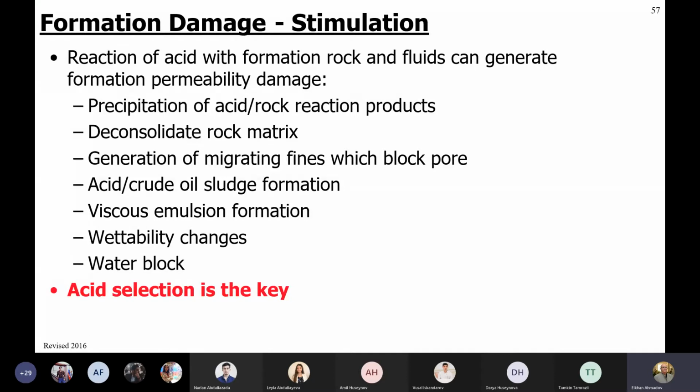Acid and crude oil contacting may create sludge or emulsion formation, both of which have a high viscosity, and therefore the mobility of the fluid is affected. Wettability may change, which again creates a mobility effect, and water blocks occur as the water saturation increases.